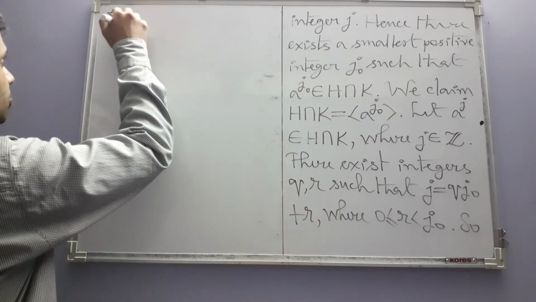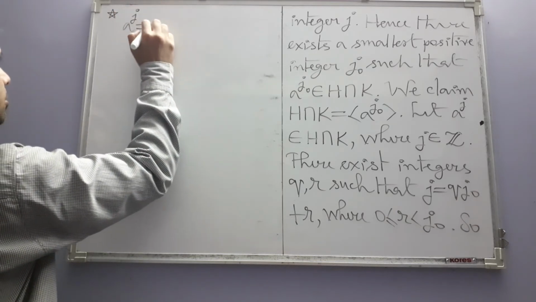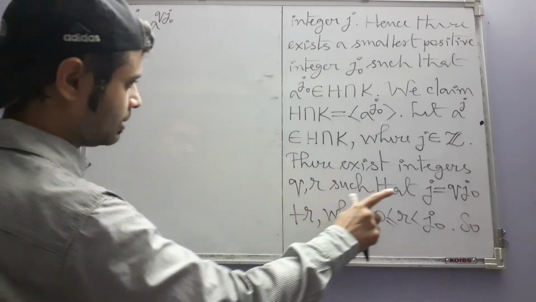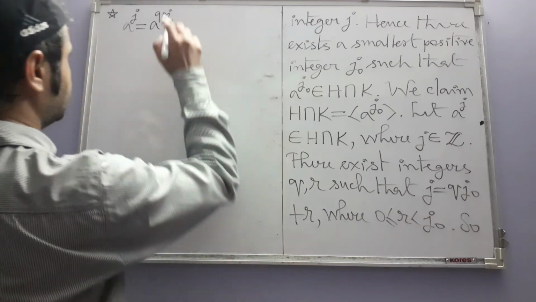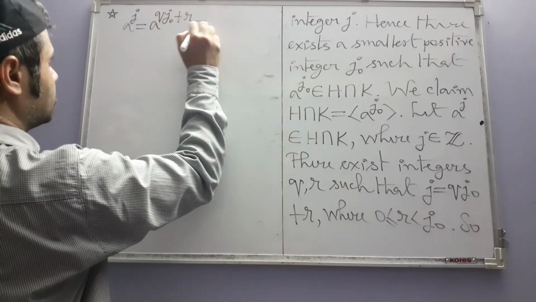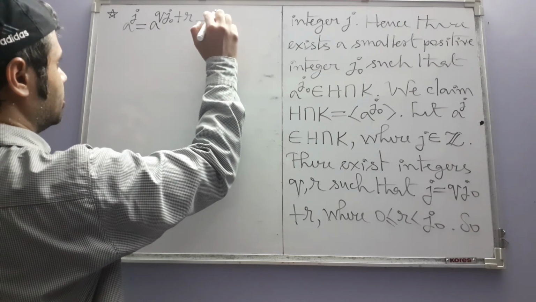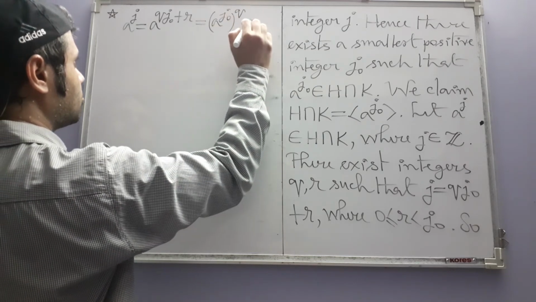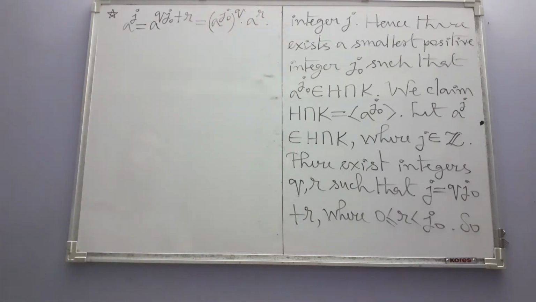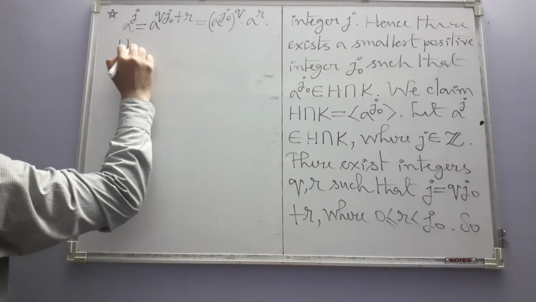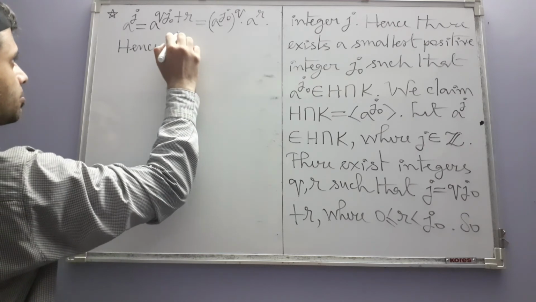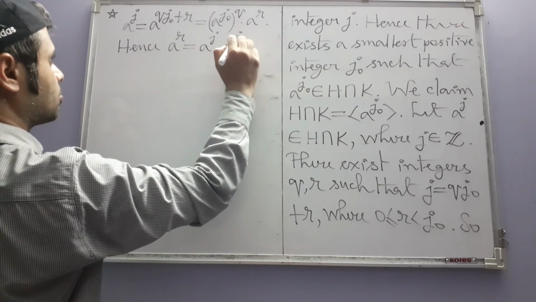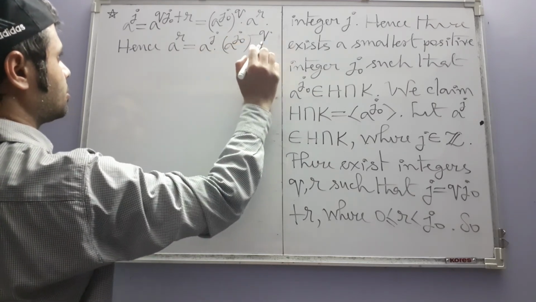So this is equal to a to the power q j naught plus r, which by the rules of exponent equals this product. Hence, from that we get a to the power r equals a to the power j times a to the power j naught raised to the minus q.